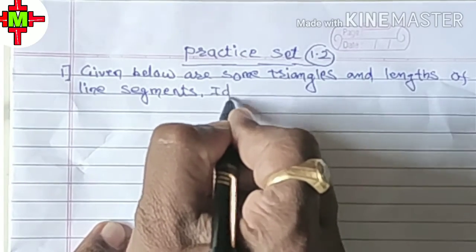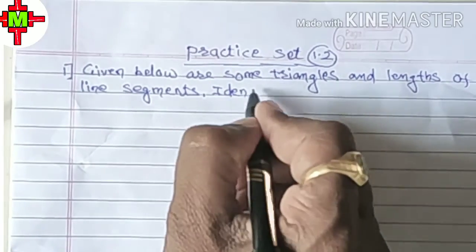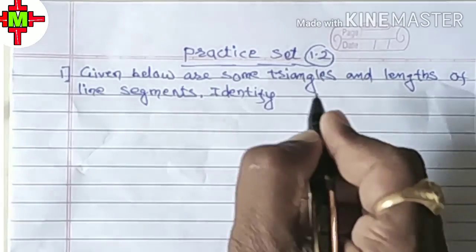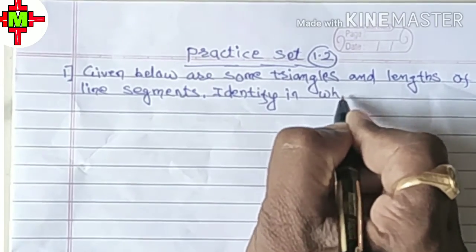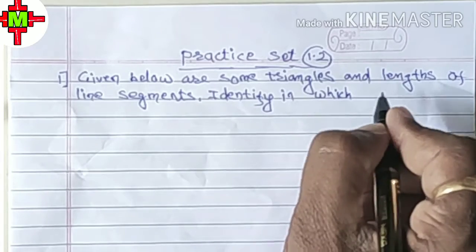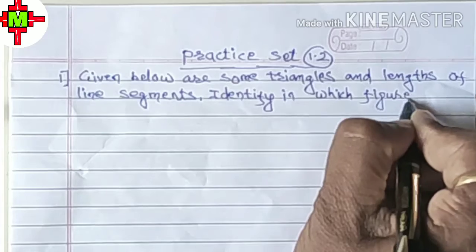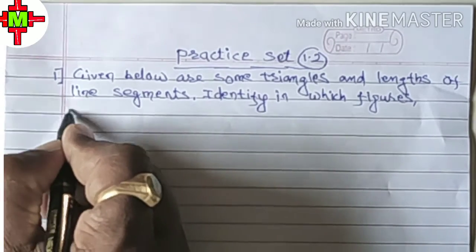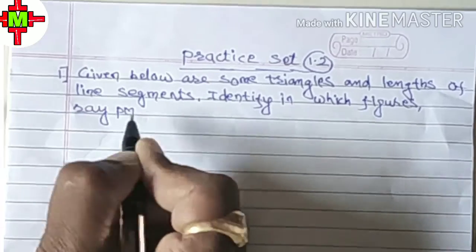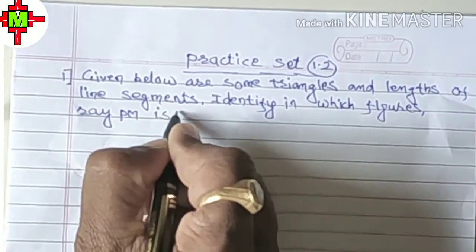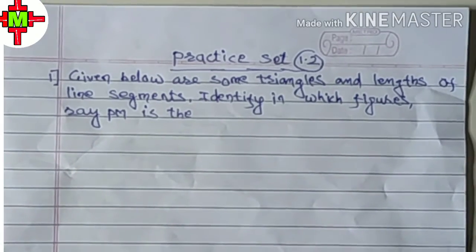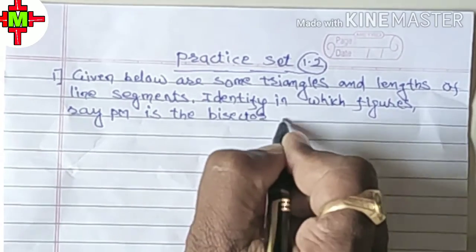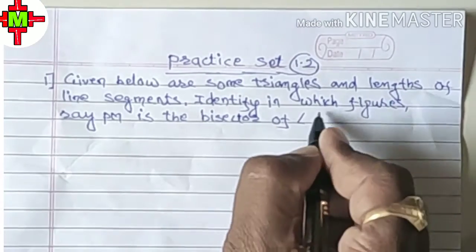Identify in which figures ray PM is the bisector of angle QPR.